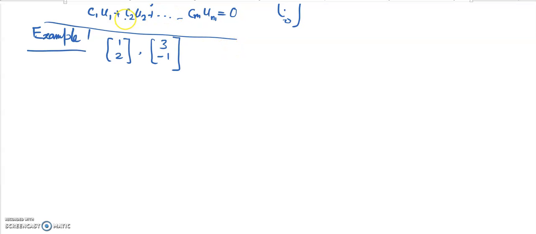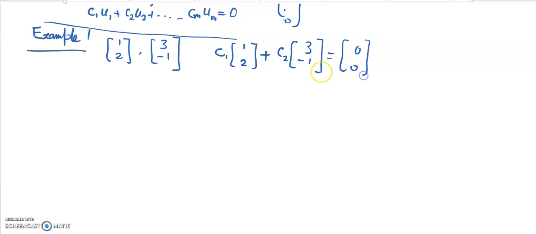For checking this, I can multiply these two vectors by the scalars c1 and c2: c1 times (1, 2) plus c2 times (3, -1) is equal to 0.